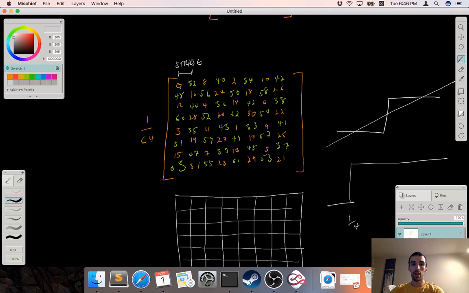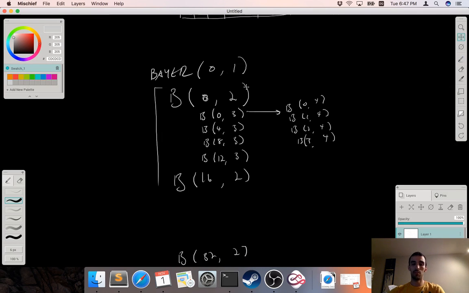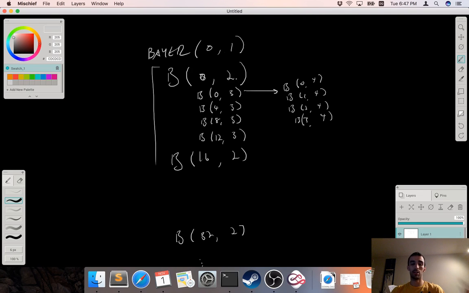So when my stride is 1 and I'm placing adjacent numbers in the matrix, then my increment is 16. So this number right here is what I'm going to call the increment. Okay, so my increment is 16 when my stride is 1. Then when my stride goes up to 2, my increment falls to 4. And then my stride goes up to 4, and then my increment falls to 1. So there's an inverse relationship between stride and increment.